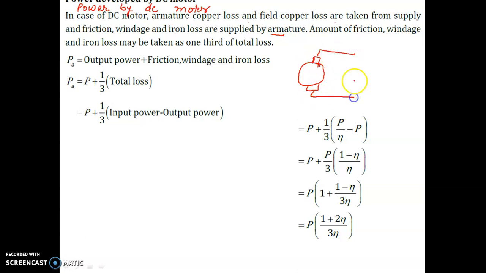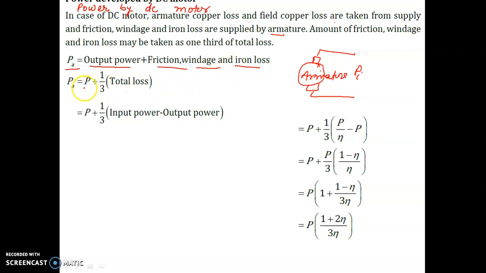Here the input power P is given, and friction, windage and iron losses are supplied by the armature, because it is rotating by taking power from the supply, so the losses are subtracted from the armature power here. So the average power here is output power, friction, windage and iron losses.